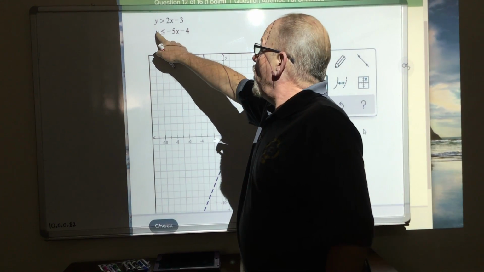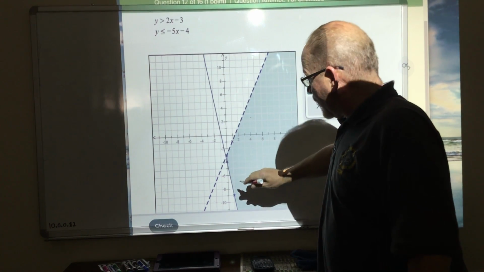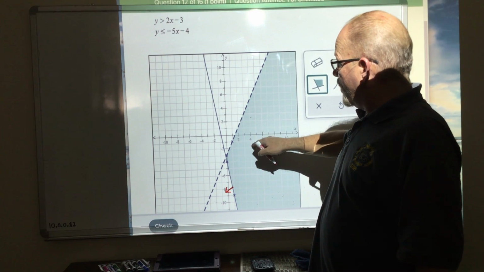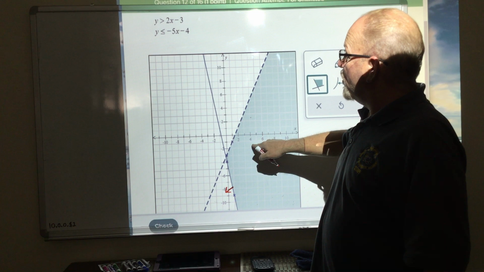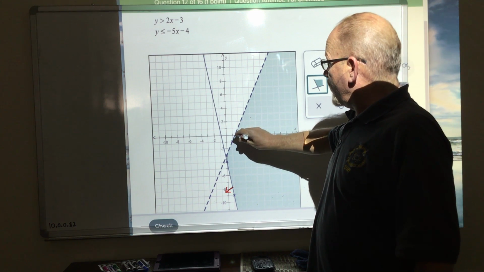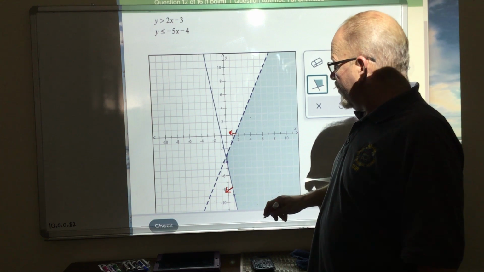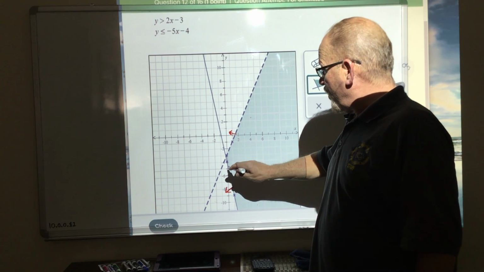So, y is less than or equal to this. Less than or equal to this. And it's above, greater than or equal to this. Okay, so I got to find the place where these two are the same.